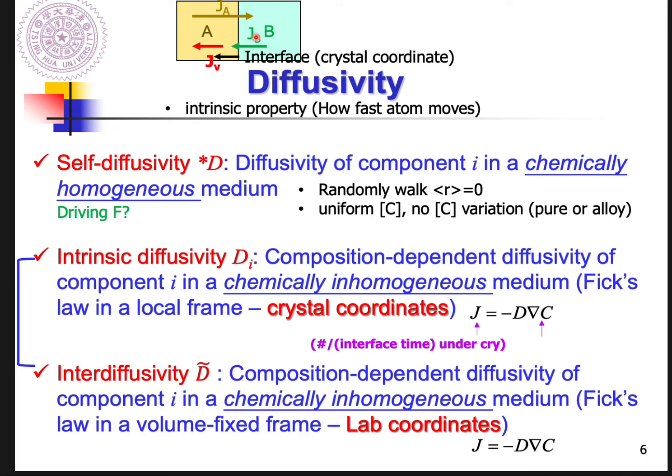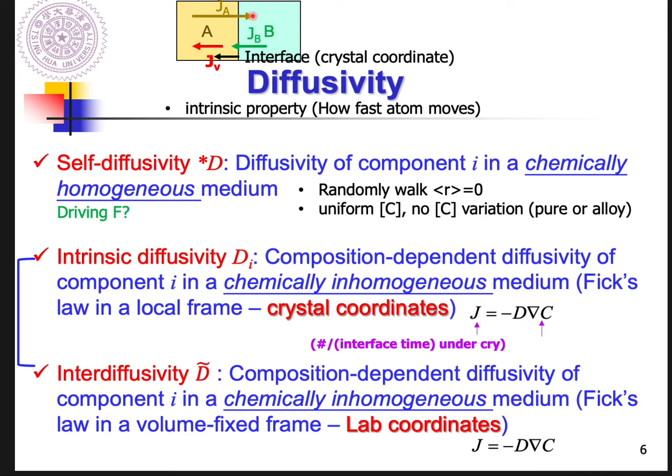Probably some people will ask why the net flux needs to equal 0. If the net flux does not equal 0, that means in a certain time period, more atoms move to the right-hand side and fewer atoms move to the left-hand side. So after a long time period, this material system is going to move, right?